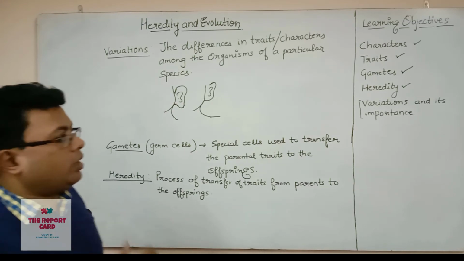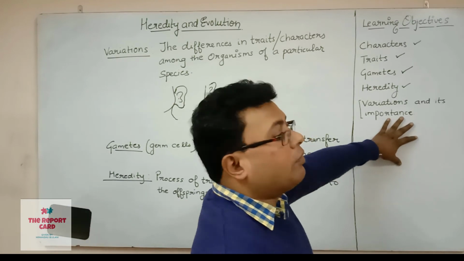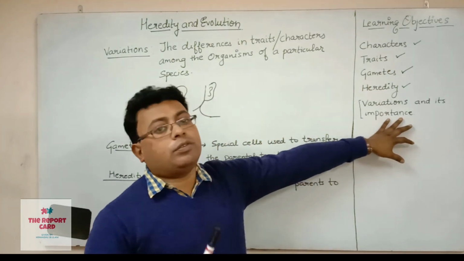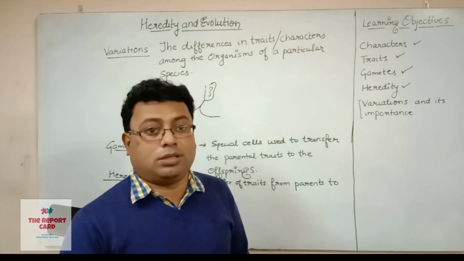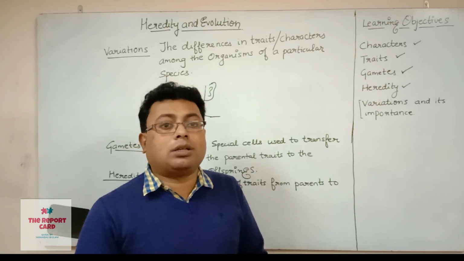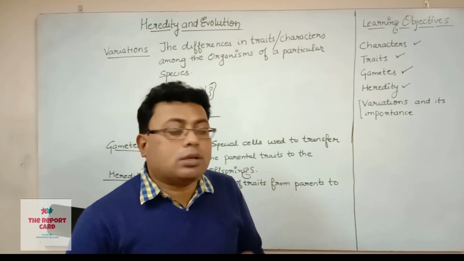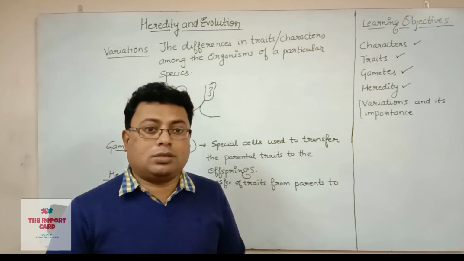The last point I want to talk about is the importance of variation. Variations are very important for species, because suppose there is a change in the environmental conditions, adaptation can only be possible if the organisms of a particular species have variations.